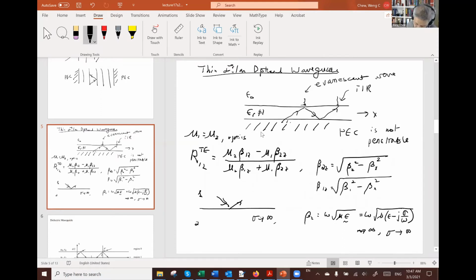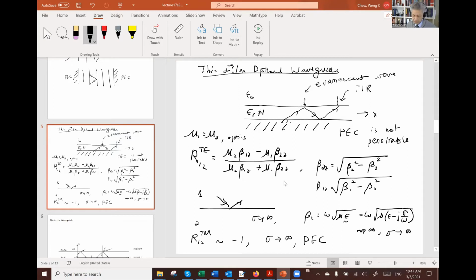And when beta 2 goes to infinity, beta 2z must go to infinity. When beta 2z becomes infinity, let's assume that beta 1 is still air region, so that this is finite, this is finite, this is infinitely large, then you can see that R12 TE tends to -1 when sigma goes to infinity at the PEC surface.